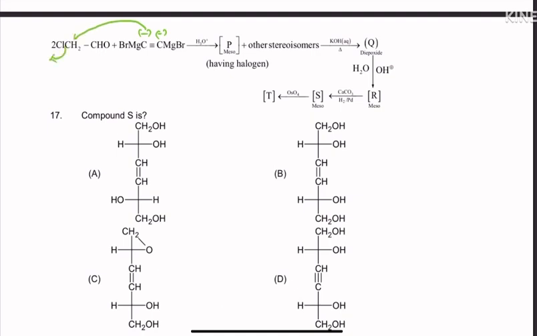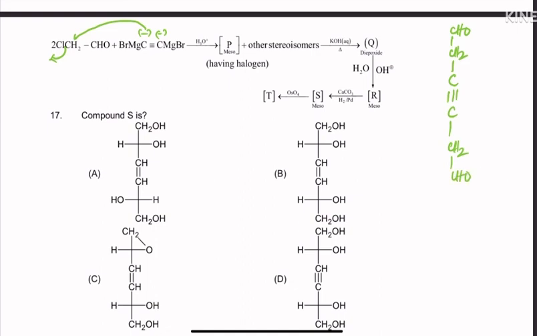So in the place of C minus there is CH2 CHO, and C triple bond C CH2 CHO.